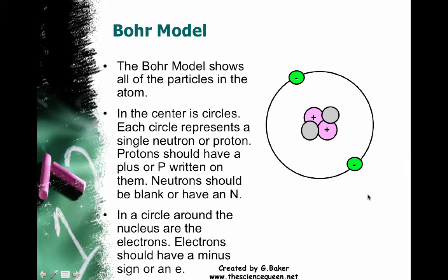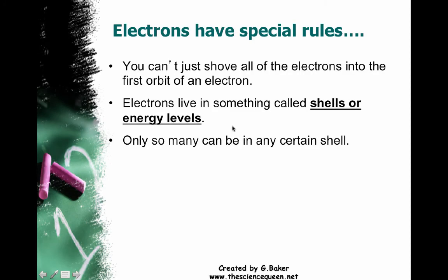What you need to remember for these energy levels is that it is 2, I'll write these down for you, it's 2 in the first energy level, 8 in the next energy level, and then 18 in the final energy level that we're going to be dealing with. So only certain amounts of electrons can be in each shell or energy level.